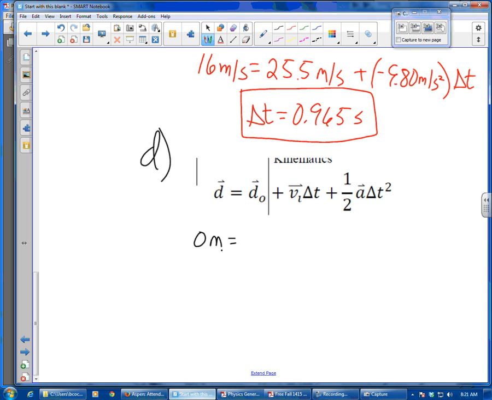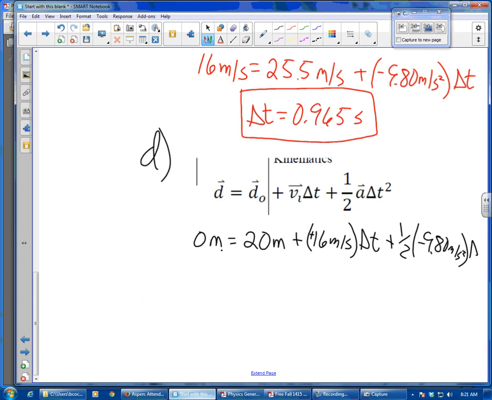I'm going to start at 20 meters. My initial velocity is 16 meters per second. That should be positive because it's upwards. Don't know my time. Plus 1/2 times negative 9.80 meters per second squared, and delta t squared.